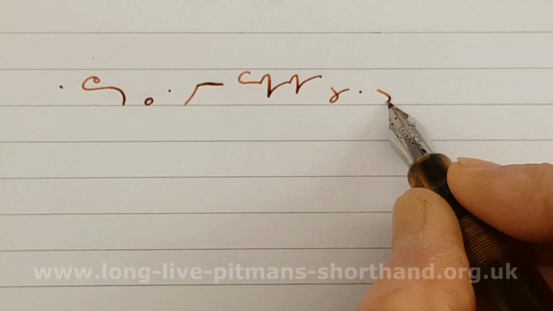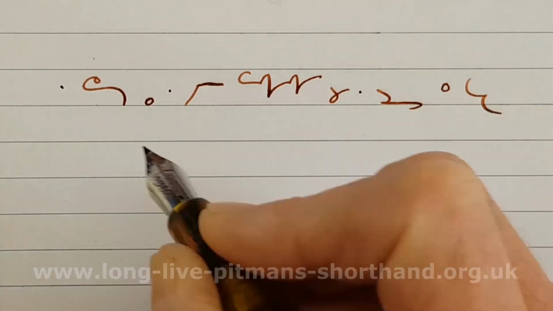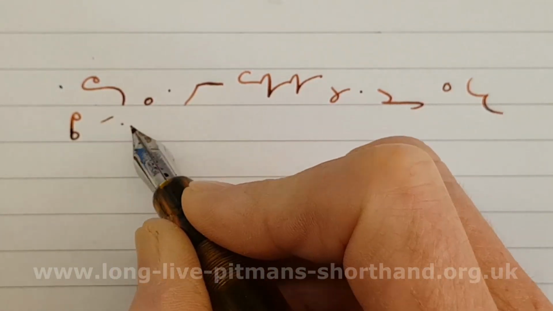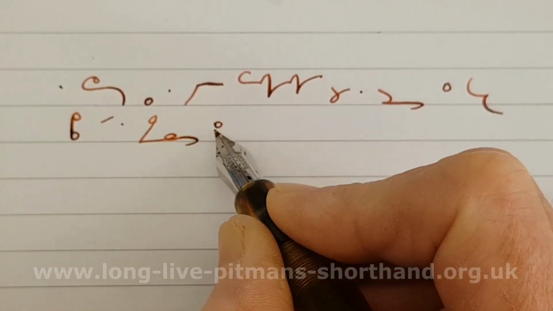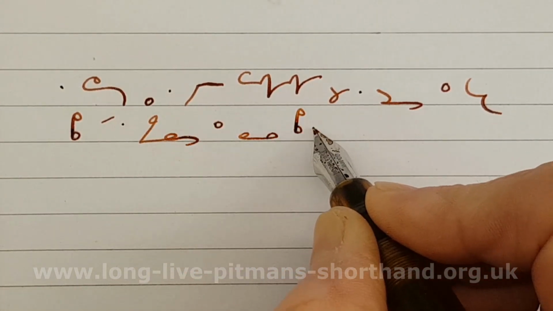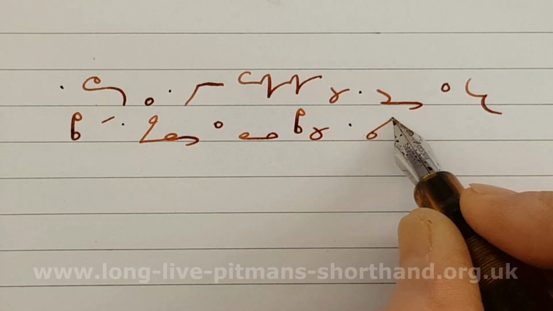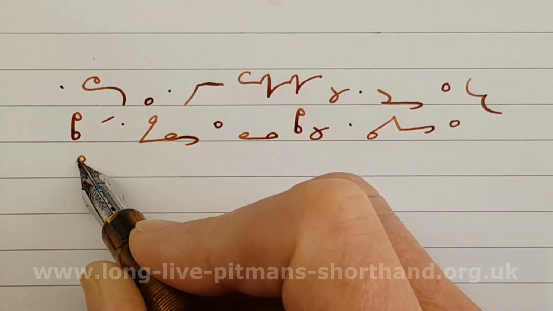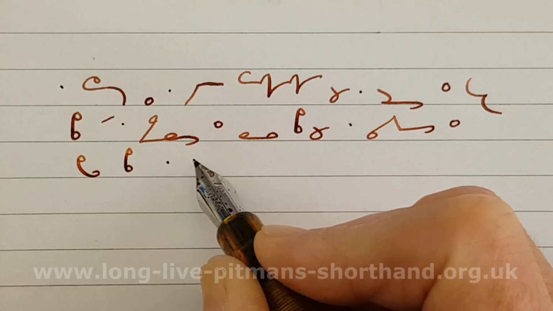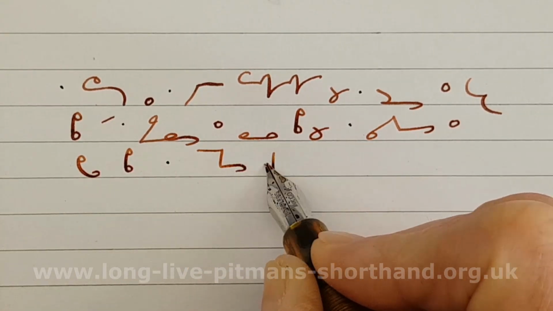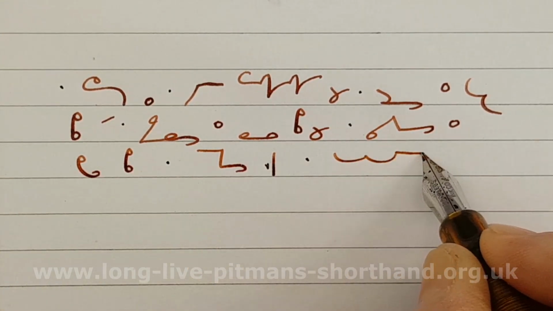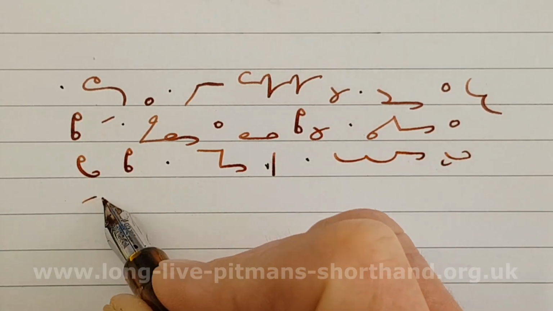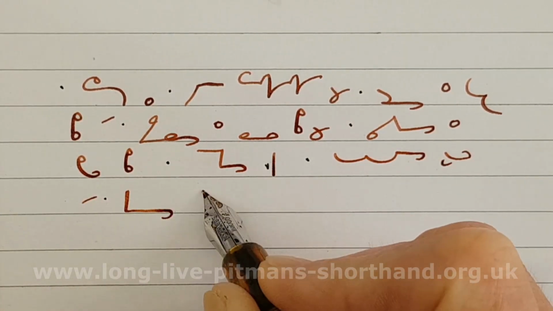A pentagon has 5 sides, and a hexagon has 6 sides. A heptagon has 7 sides, an octagon 8, a nonagon 9, and a decagon 10.